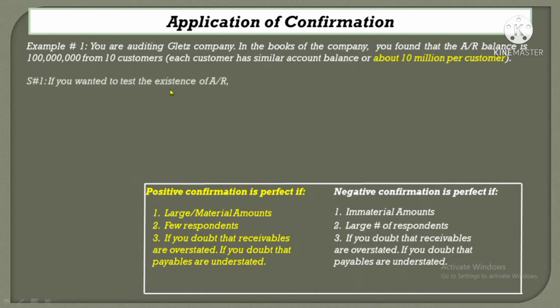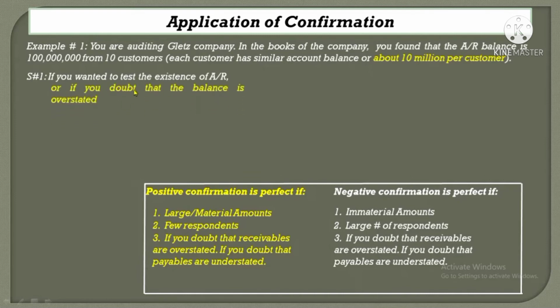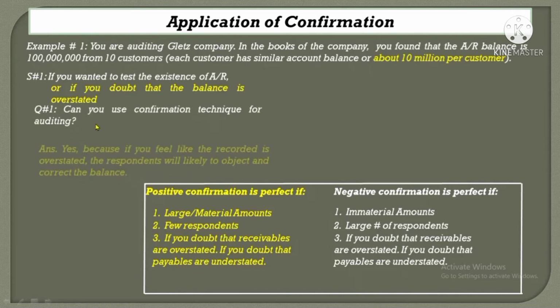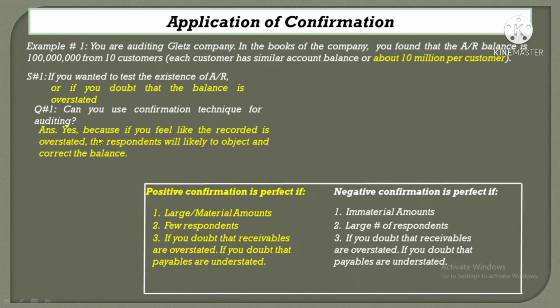So situation number 1, if you want to test the existence of the accounts receivable, or in simple terms, if you doubt that the balances are overstated, then question number 1 is, can you use the confirmation technique for auditing? Answer, yes, because if you feel like the recorded balance of receivables is overstated, then if you ask them about it, the respondents will likely object and give corrections.